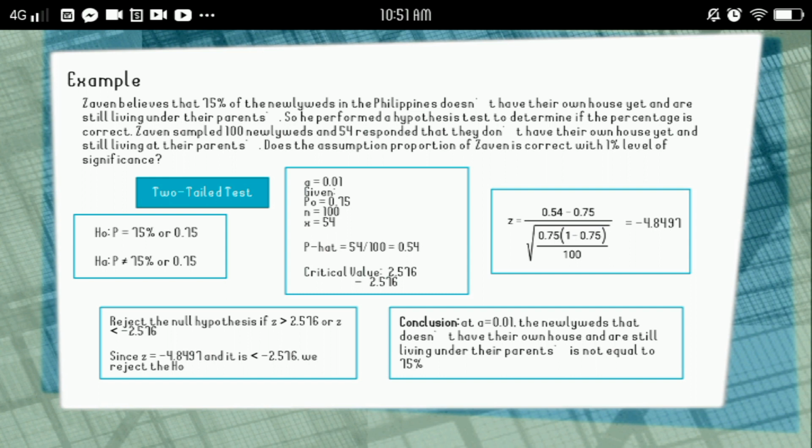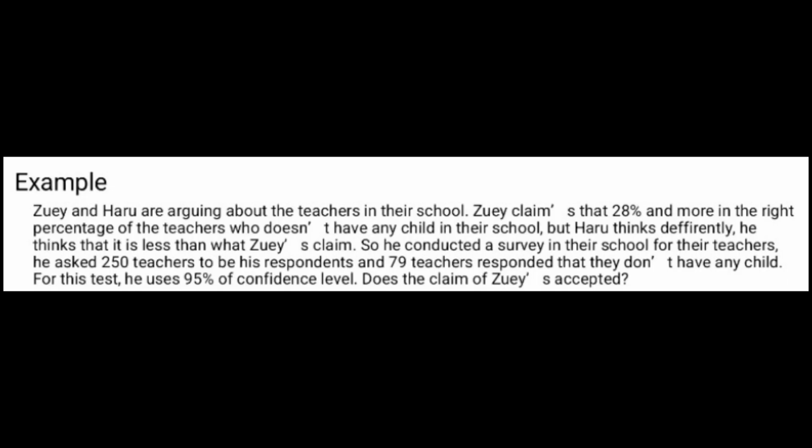And, ito yung second example natin. So, pause the video. Try to solve. And after you solve, check your answers here. For the second example, we have Sue and Haru are arguing about their teachers in their school. Sue claims that 28% or more is the right percentage of the teachers who doesn't have any child in their school.